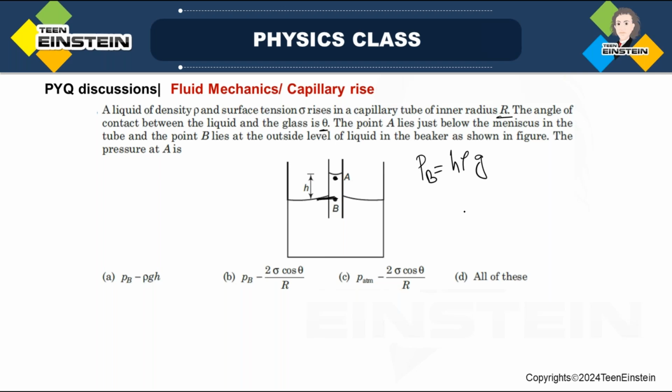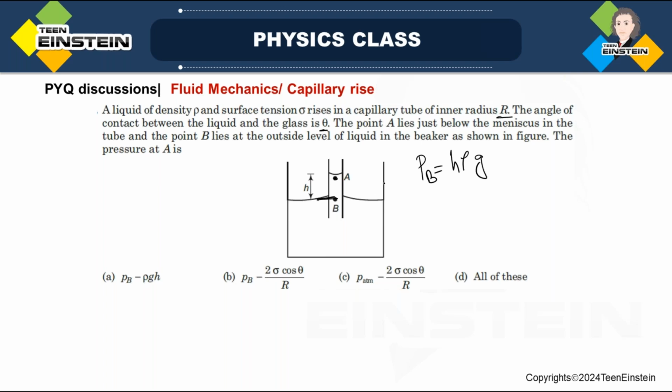Generally, this capillary height we write like this. Atmospheric pressure is H rho G. Pressure at PB is atmospheric pressure.